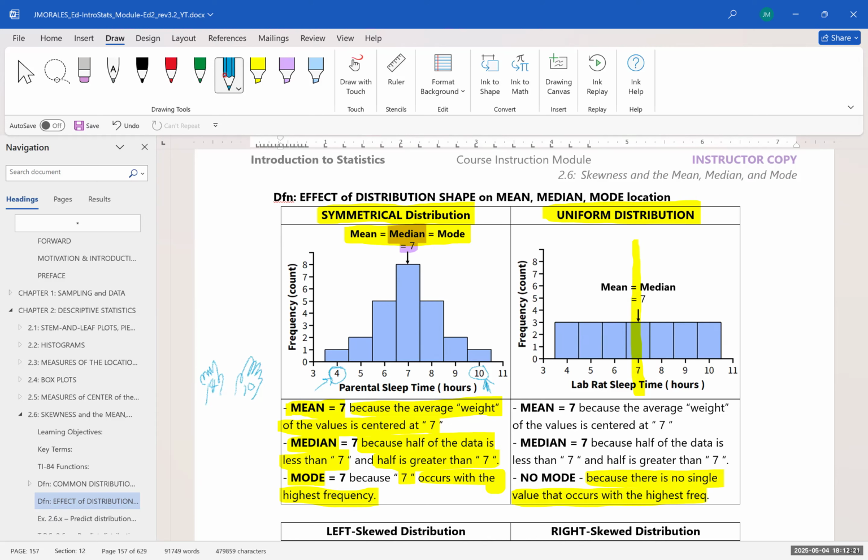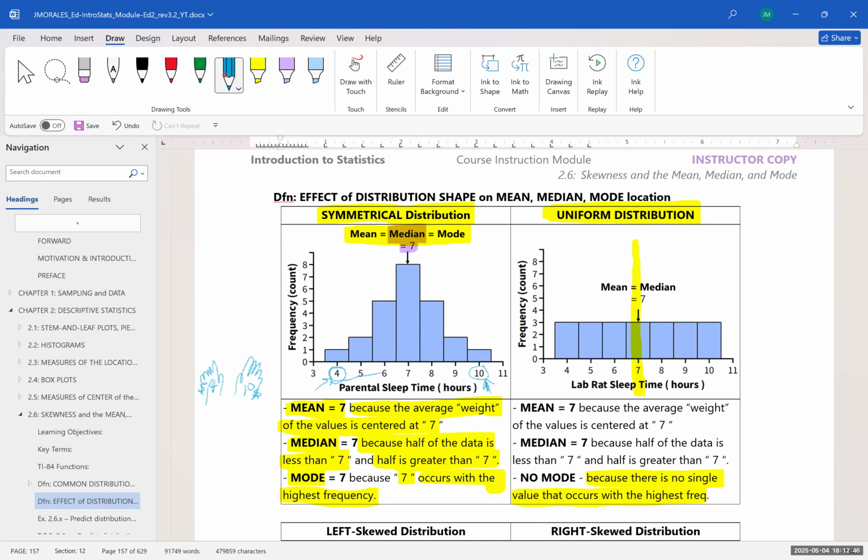If we thought of this in terms of US dollars, $4 is less than $10. That's what we mean by the weight of the values, okay? So even though we have a $4 bill and a $10 bill, the $10 bill is greater.